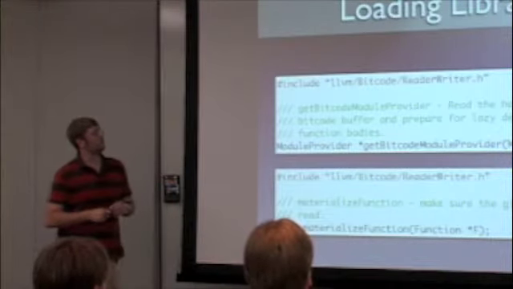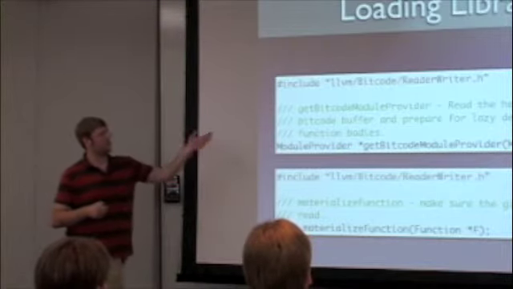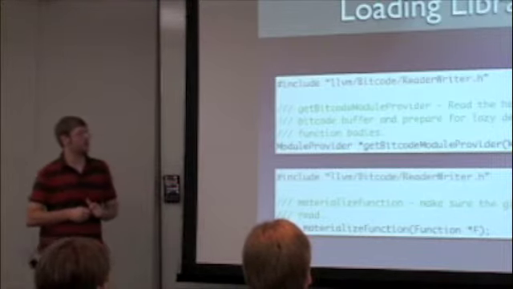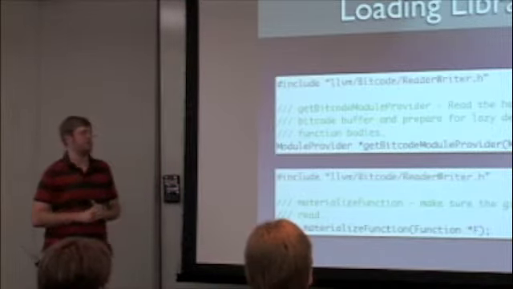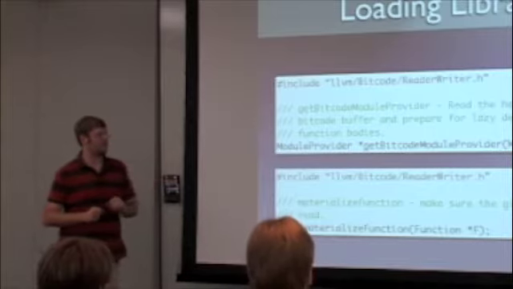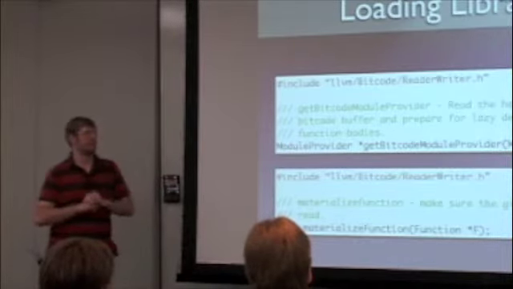All right, in terms of loading libraries, what can we do? There's a new function here that I'm showing you called get bitcode module provider, which sounds a lot like parse bitcode file, except it hands you a module provider back instead of a module. So basically, all you're getting here is a handle.